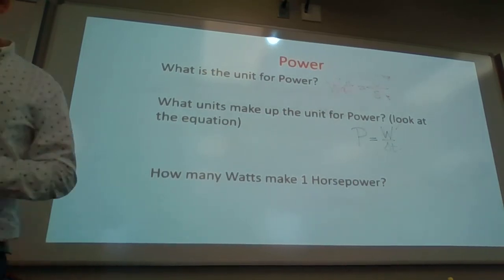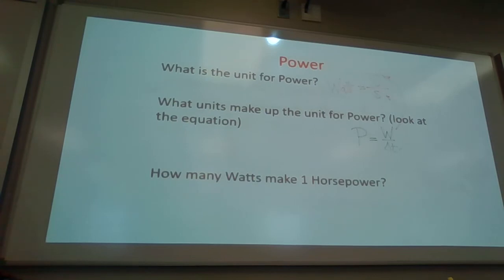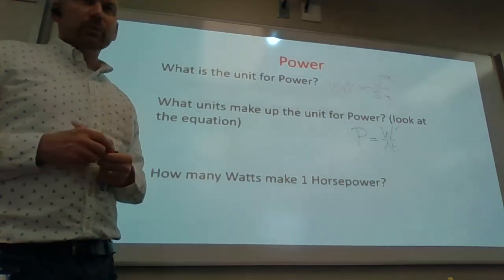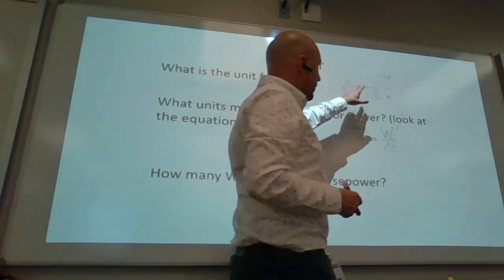Now, just like for distance in science, we're going to use meters, but in America, we like to use miles, or feet. In science, we like to use watts, but in America, we use horsepower. It is a different unit for power. This came from James Joule, the guy where we get joules.